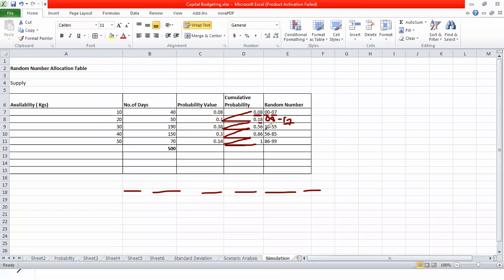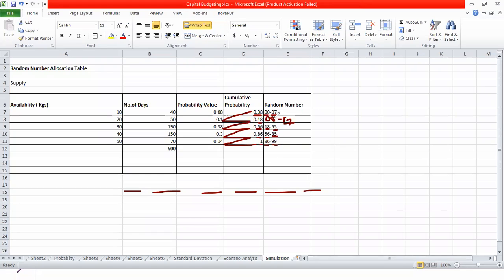Then next pair we start from 18 and it is 56 here, so we stop at 55. Then we begin at 56 for the next pair, and cumulative probability is 86, so we stop at 85. Then we begin at 86 for the next pair. 1 means 100, so we stop one less, that is 99.